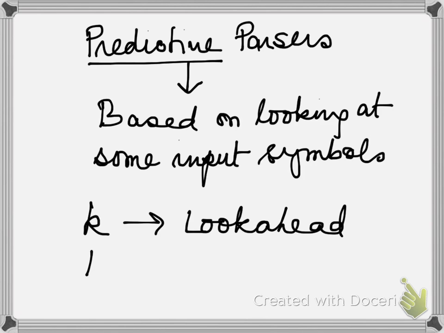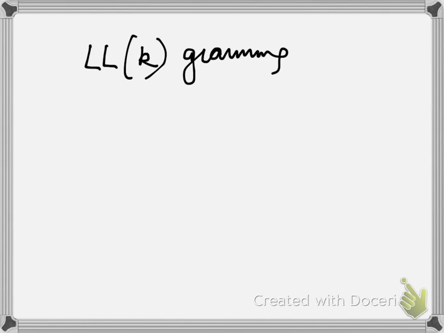So predictive parsers make a decision as to which production is to be applied by looking at the next character or the next k characters in the input. This is the class of grammar for which we create these predictive parsers using, say, k. It is sometimes also known as LL(k) grammar. We'll discuss more about this in the next few classes.